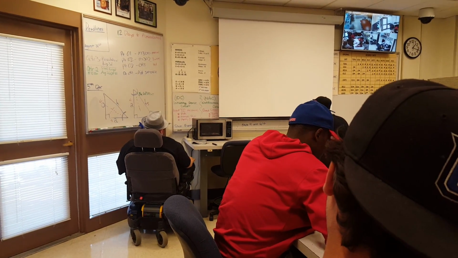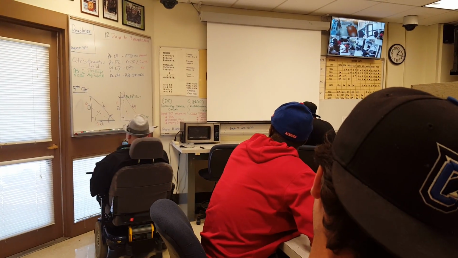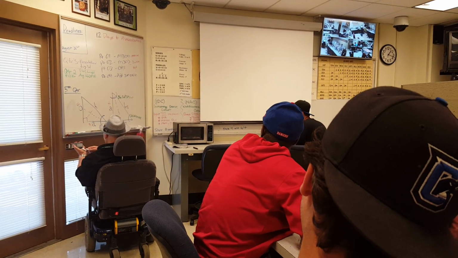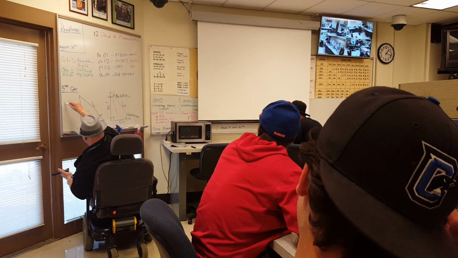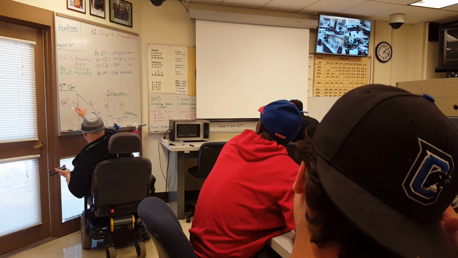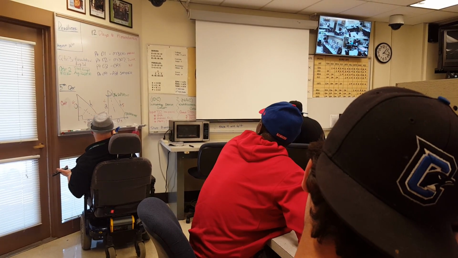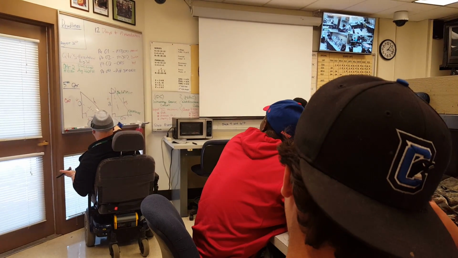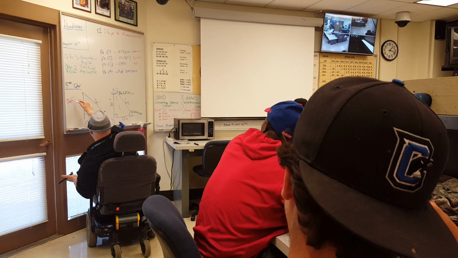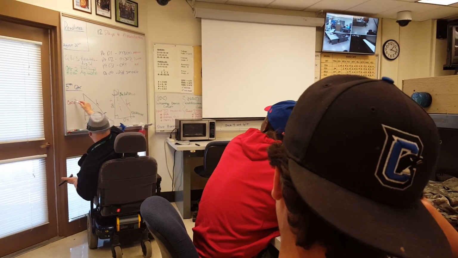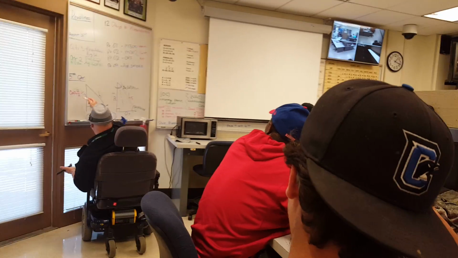I could have chosen a better one, but this will work. So cosine of the angle, which I know is 53.130. Cosine of the angle equals A divided by H. And I'm trying to find H.